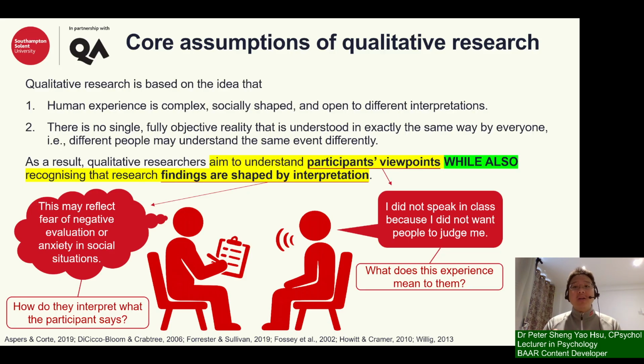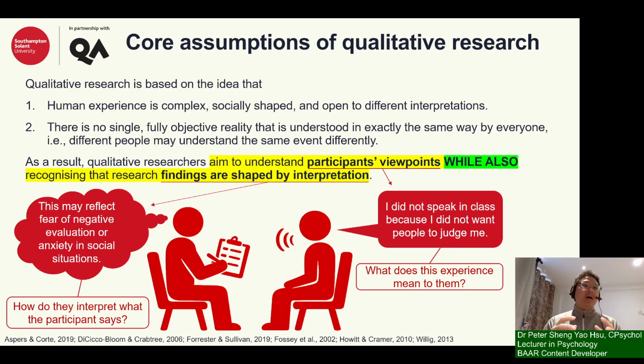But a qualitative approach will look more closely at what the participant means. What does judge me mean to them? Who are they worried about? Other students, the lecturers, or their own expectations of what a university student should sound like? So, when presenting this example, do not treat the interpretation as automatic.